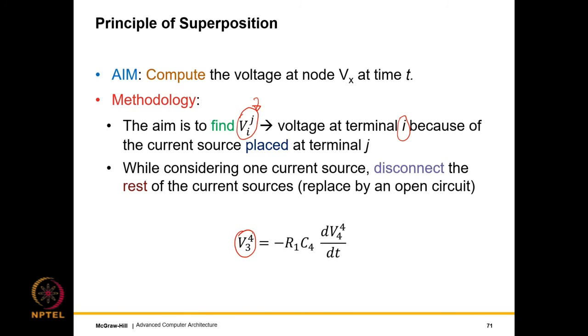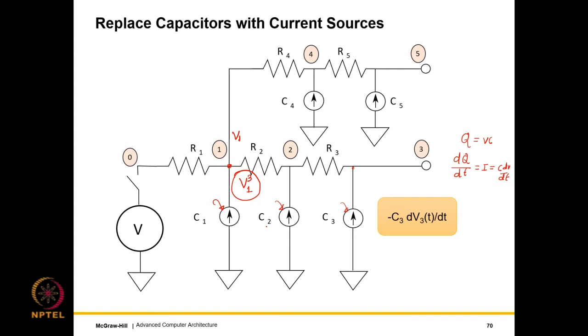So this is exactly what we see over here, that the current that flows out of the capacitor, the current source at terminal 4, is given by minus C4 dV4/dt, right? So this is basically the current that flows out of this current source over here, which is this capacitance, multiplied by the derivative of the voltage.